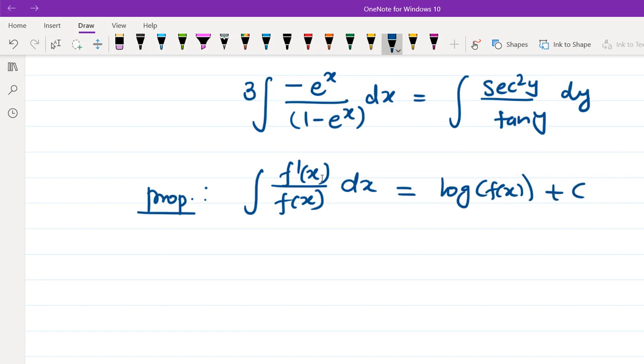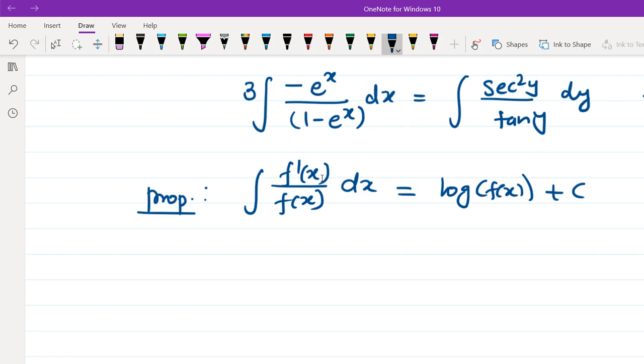So let us apply this property in the above equation number star.